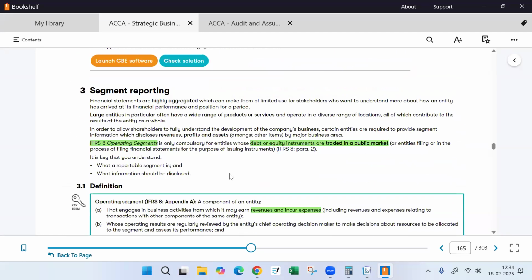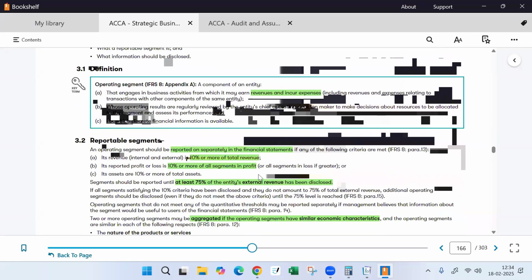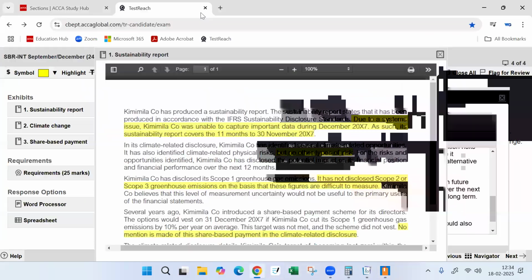So I'm not going to go into detail on indirect emissions or direct emissions. Have they mentioned this in your study hub?